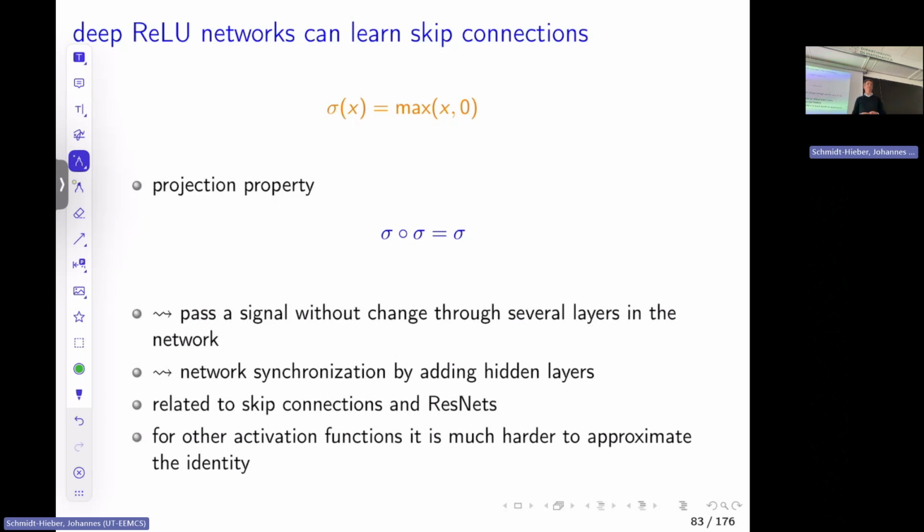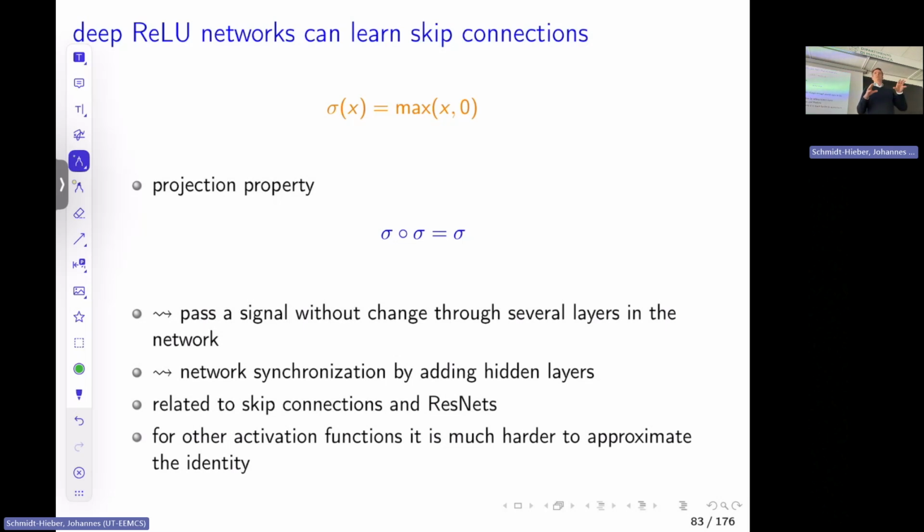Think, for instance, about these Heaviside networks, where you have the Heaviside activation function, and after one layer, that will map into the values 0 and 1. And you can only transfer the individual bits to later layers, but here with the ReLU, you can transfer the full numbers, and that has a huge advantage.